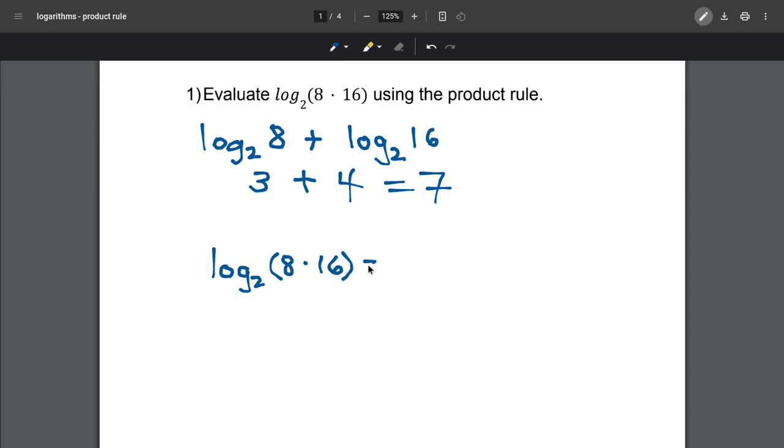Well, what that really is is log base 2 of, let's see, how many 2's do we have to multiply to get 8? Well, there's 3, so we do 2 times 2 times 2, and then we're multiplying times 16, which is 4 2's, so 2 times 2 times 2 times 2.